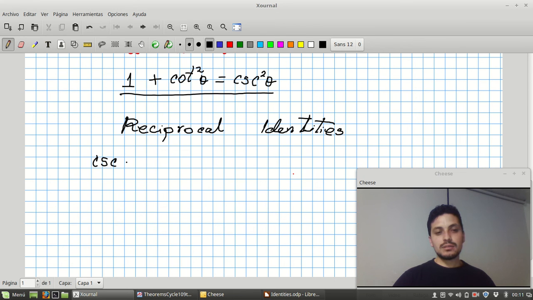cosecant of the angle is the reciprocal, 1 over sine of the angle, and in the same way, sine of the angle is the reciprocal of cosecant.